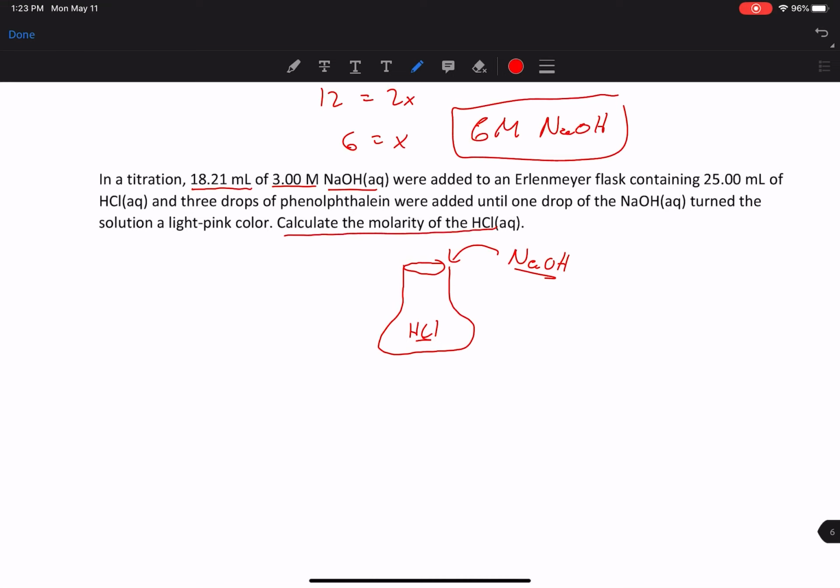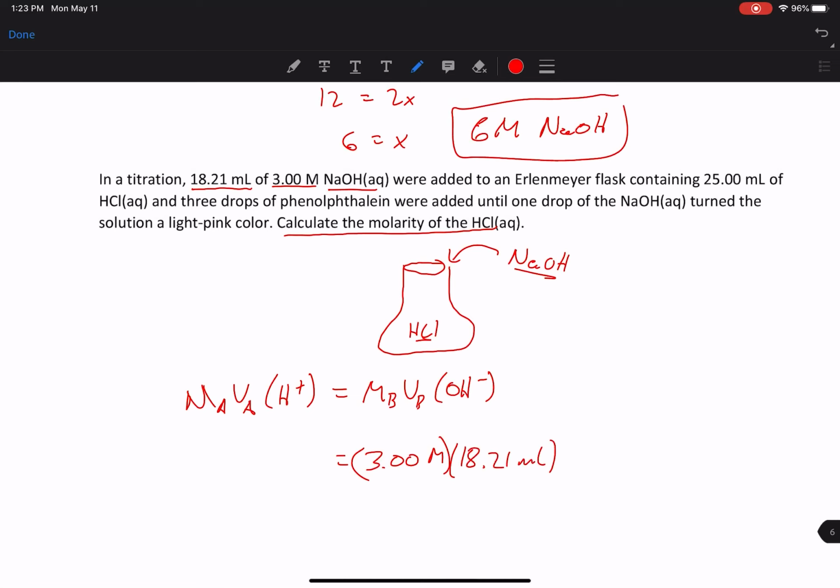Okay, so let's pull out some of this information here. So the formula is MaVa times the number of hydrogen ions is equal to MbVb times the number of hydroxide ions. So for our basic side, we have 3.00 molarity times 18.21 milliliters.